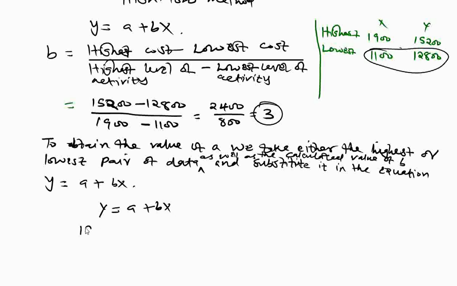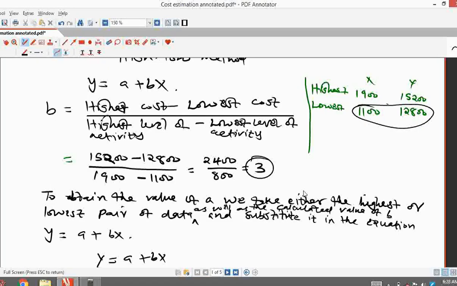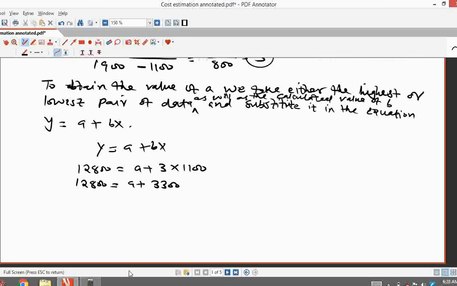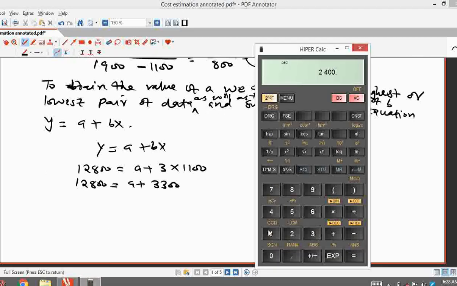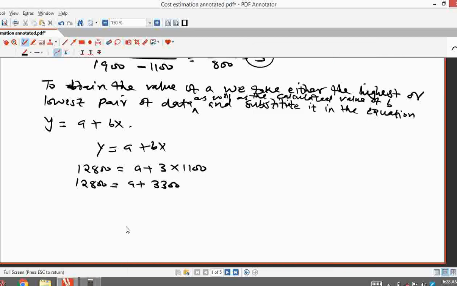So y, that is 12,800, equals a, which we don't know, plus b, which is 3, times x, which is 1,100. So 12,800 equals a plus 3,300. Okay, so you can get the difference between 12,800 and 3,300. 12,800 minus 3,300 gives us 9,500.